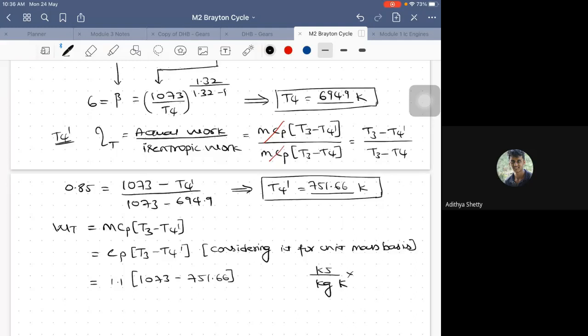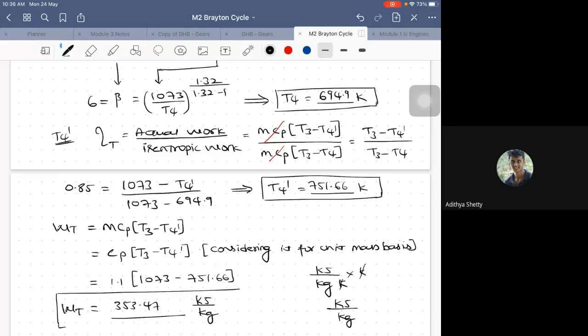Cross temperature value would be in Kelvin, so Kelvin goes away. Whatever the value you get, you will get in kilojoules per kg, and kindly give me this value. 353.47. 353.47 is the value. Just check.